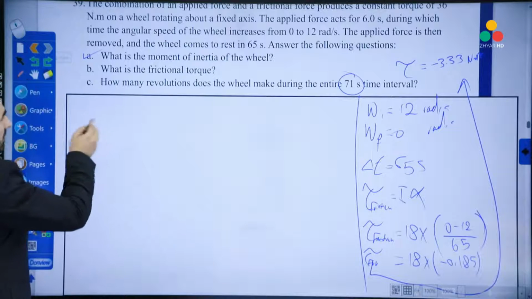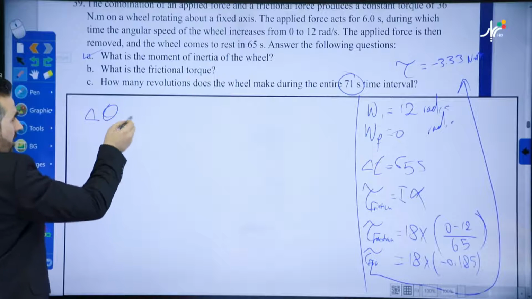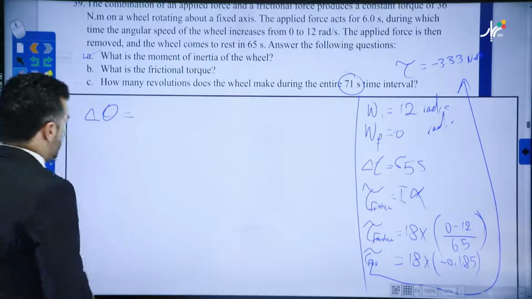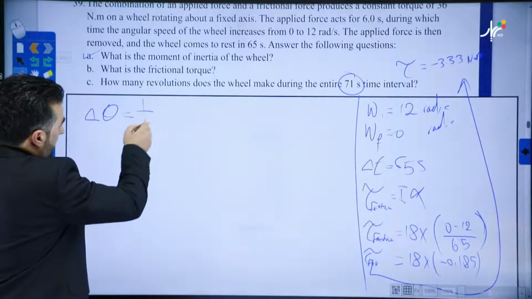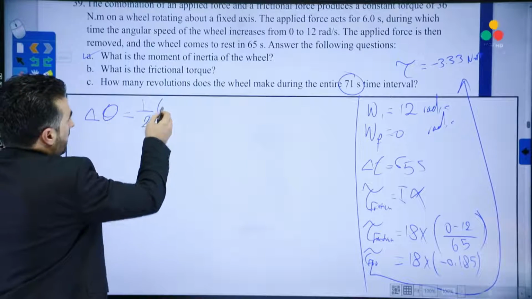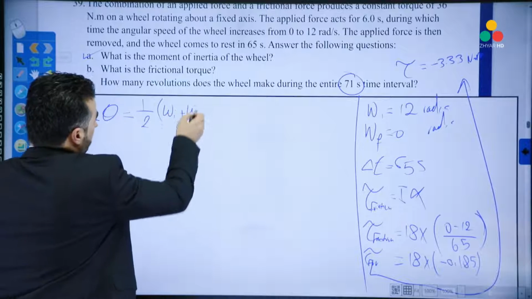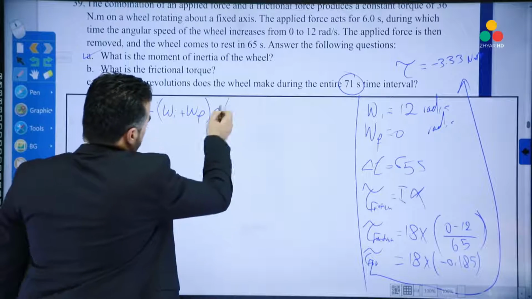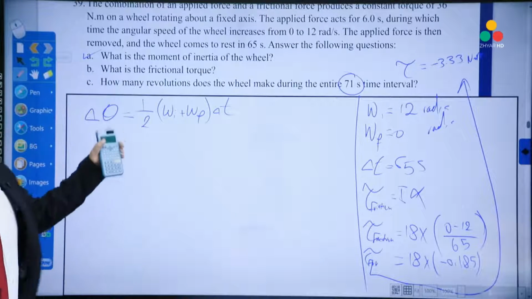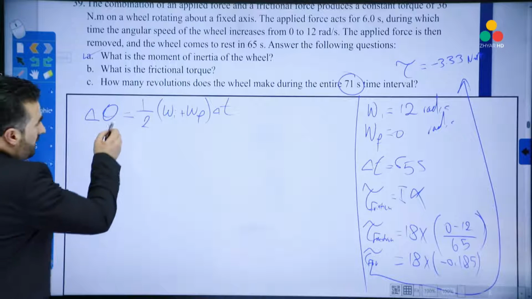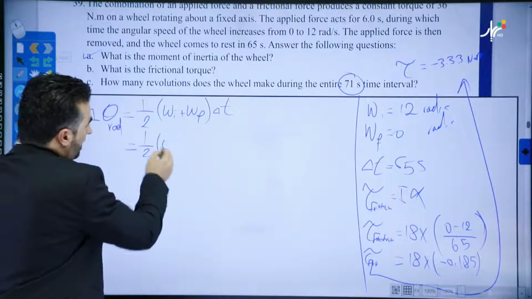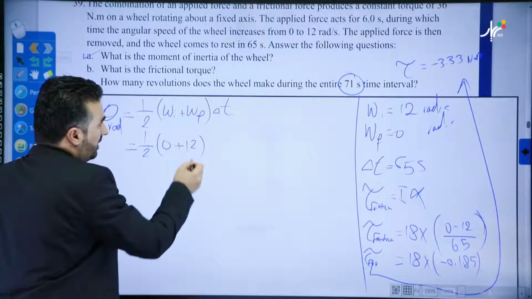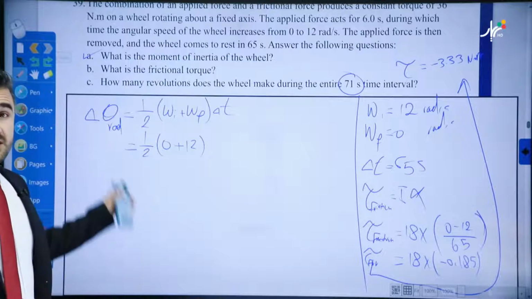So for delta theta, remember this, okay? Delta theta, you already know that, one of the four equations of motion. We have 1 over 2, that is for speeding up, don't forget, omega initial plus omega final multiplied by delta t. But remember the angle that you're getting here is going to be in radian. So 1 over 2 multiplied by, omega initial was 0, final was 12, in the case of speeding up.